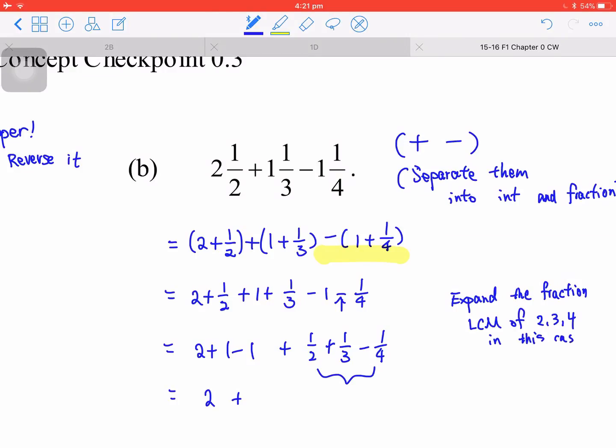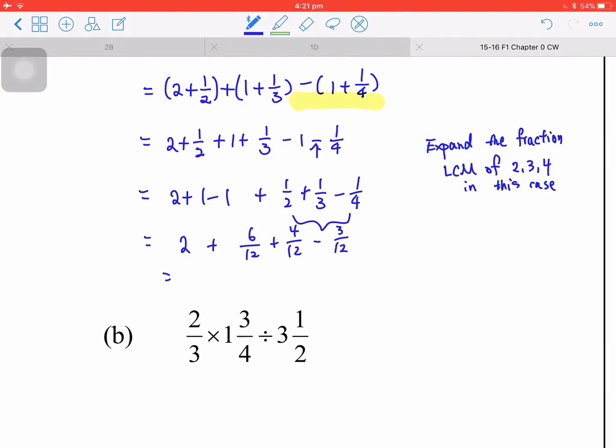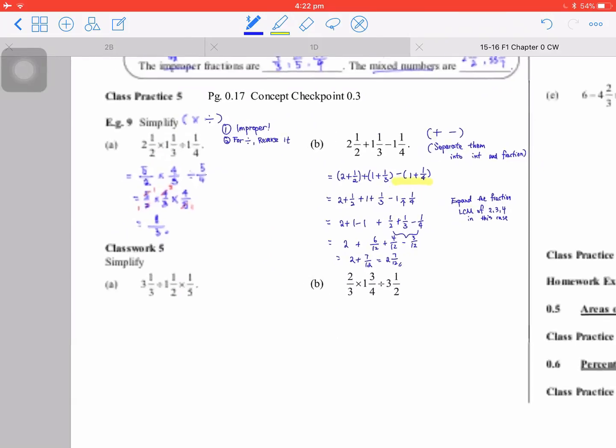That will be 12. So you have 12 and then 6 here, 12, and then there will be 4 minus 12, 3 here, and at the end you have 12, actually 10 minus, so you have 2 and 7 over 12.